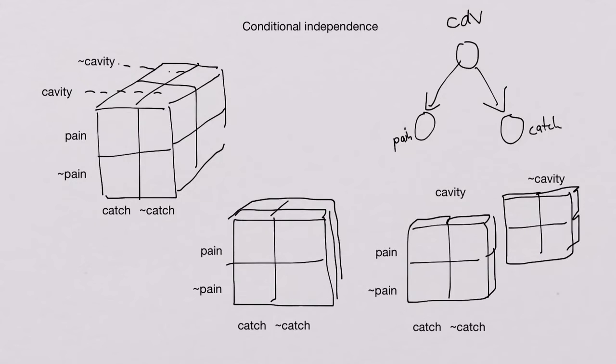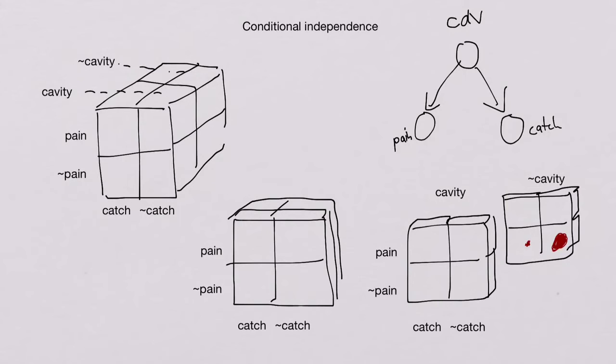So we'll have a lot of people in here who don't have a cavity, don't have pain, and the tooth tool did not catch. We'll put a big blob here. And then there's going to be almost nobody who will not have a cavity but have the tooth catch and have no pain. So it's a few people, but not too many.